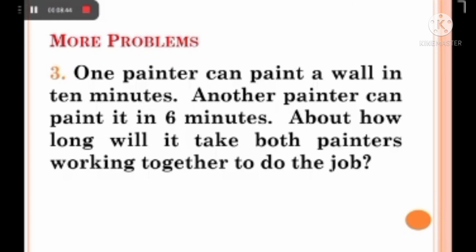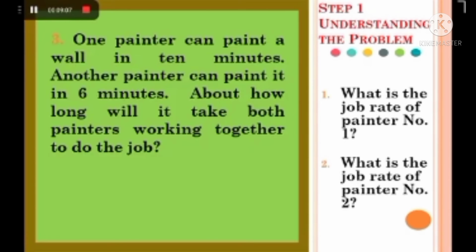So, third problem, one painter can paint a wall in 10 minutes. Another painter can paint it in 6 minutes. Same work. About how long will it take both painters working together to do the job? So, step 1, understanding the problem.